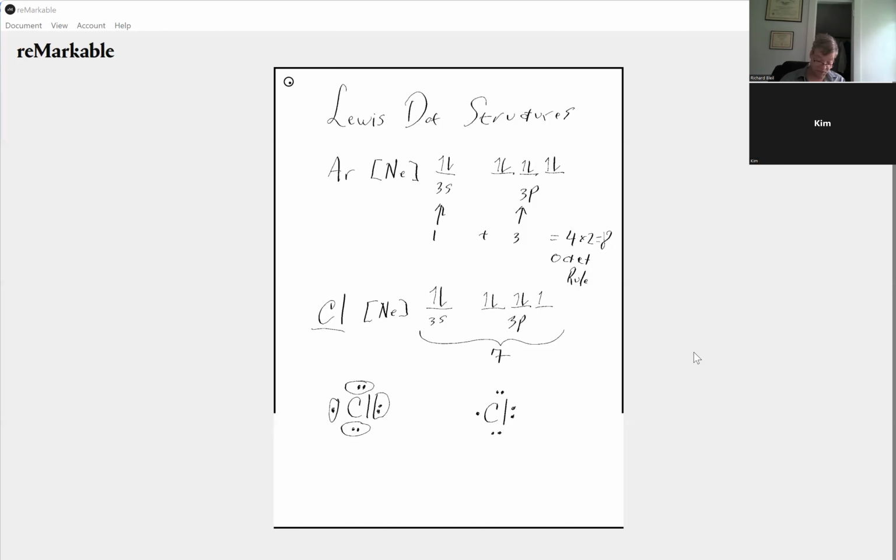So there are special names for these. Anytime you have a pair of electrons, these are called non-bonding electrons. Or, and you'll hear me use this term frequently, lone pair electrons.